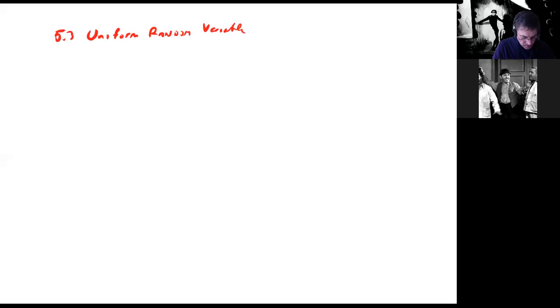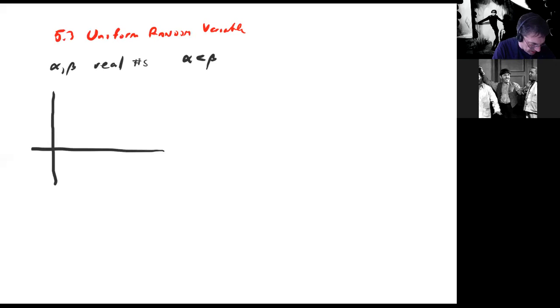Okay, so this is going to depend upon two parameters. So two real numbers, alpha and beta. Alpha is less than beta. And what we do is we draw the picture of the PDF for this first, and then it'll be clear what's going on. So maybe alpha and beta are over here. They could be negative, but alpha is less than beta.